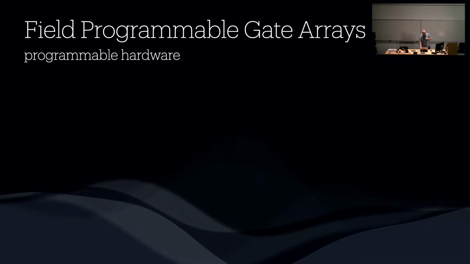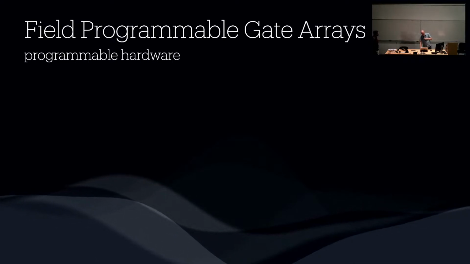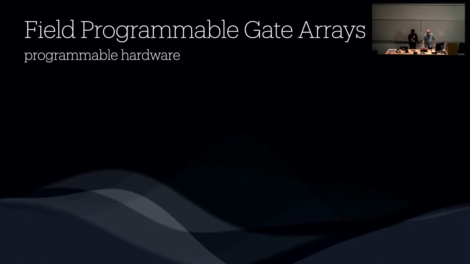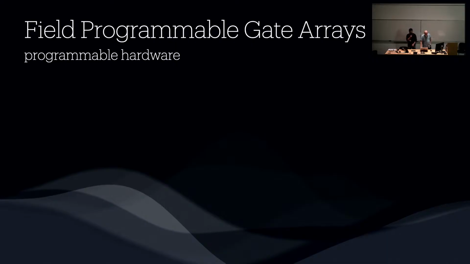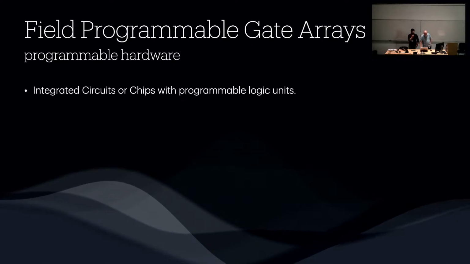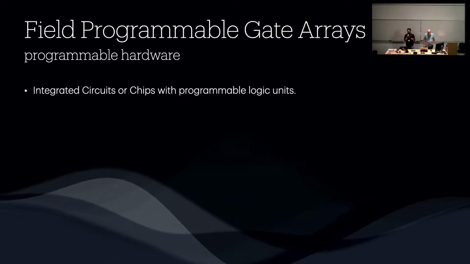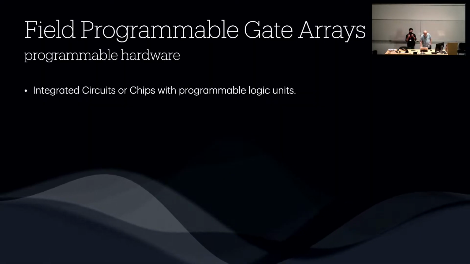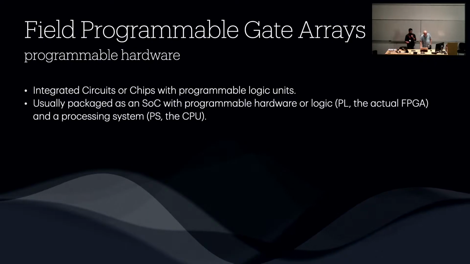And then we have FPGAs, which is a different type of co-processing. Yeah, so we have FPGAs as well, so field programmable gate arrays. They are chips where you can program the hardware as well. So they have programmable logic units, and you program the actual hardware, not only the software.